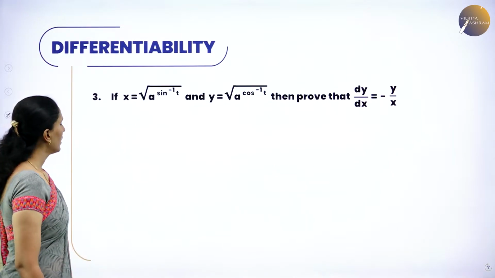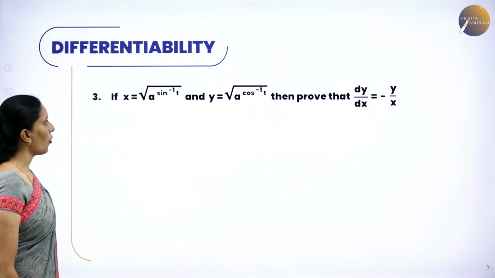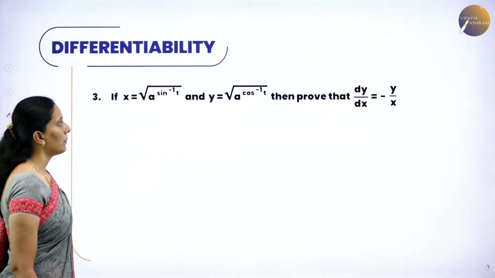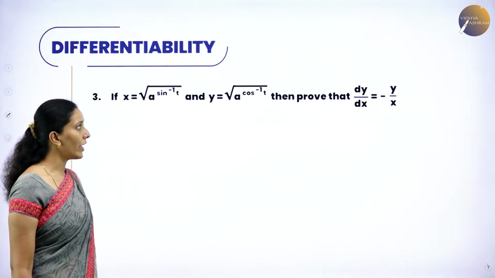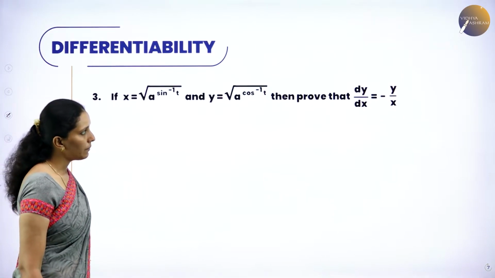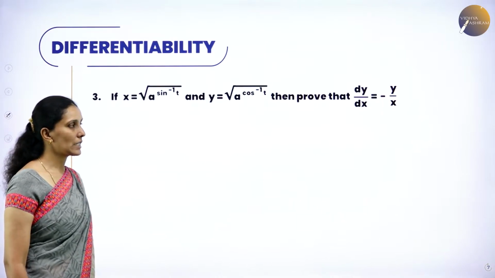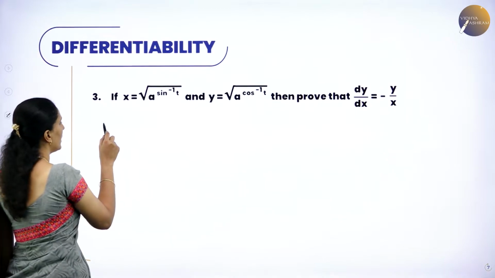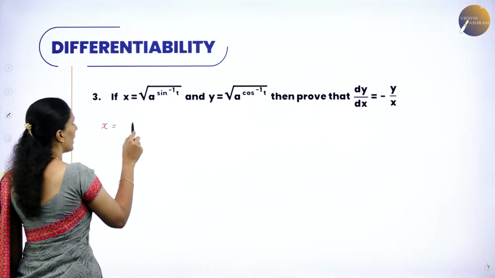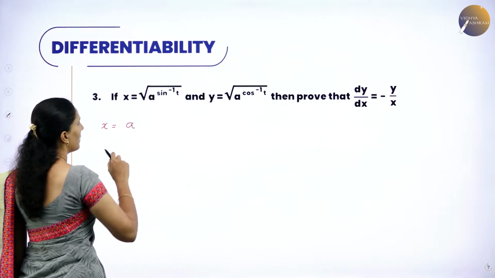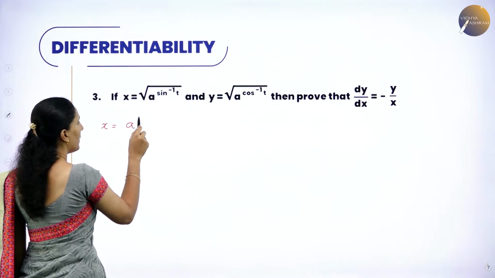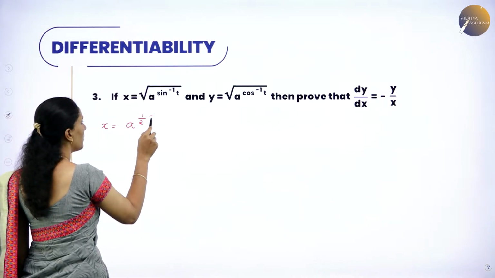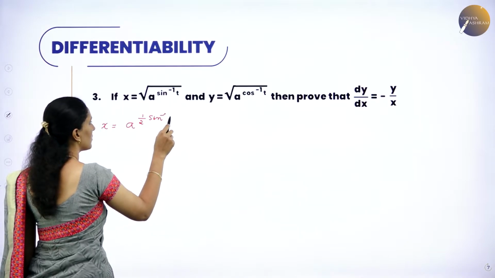Next we have, if x is equal to square root of a to the power sine inverse t and y is equal to square root of a to the power cos inverse t, then prove that dy by dx is equal to minus y by x. So first let me convert: x is equal to a to the power half sine inverse t.